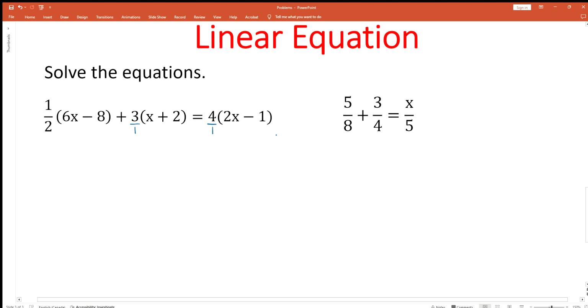The denominators are 2 and 1. The lowest common denominator or the lowest common multiple is 2. So we should multiply each term in this equation by 2.